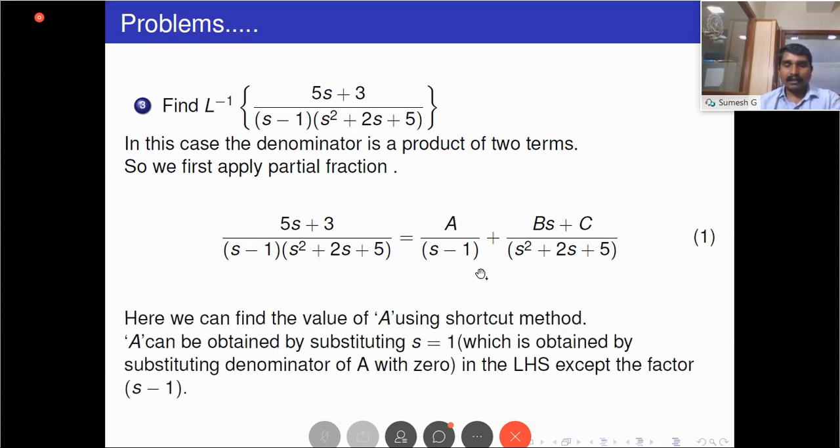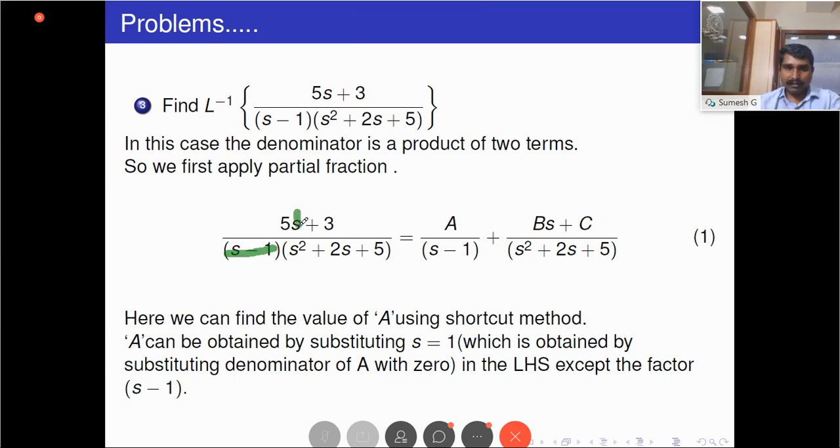To find A, we have to substitute s equal to 1. S equal to 1 is obtained by equating the denominator of A to 0. The denominator of A is s minus 1 equated to 0, which means we obtain s equal to 1. This value is substituted in the LHS except the factor s minus 1.